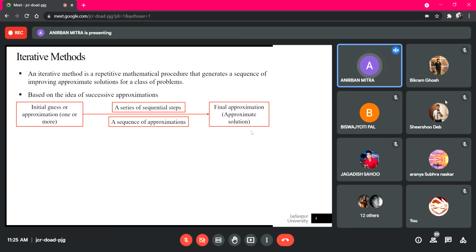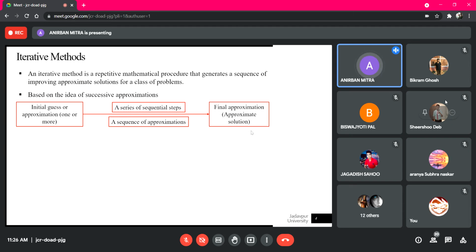Each repetition of these steps, or you can say each repetition of this sequence of steps, starts with an approximate guess value, and ends with another approximate guess value. Hopefully, an improved guess value.